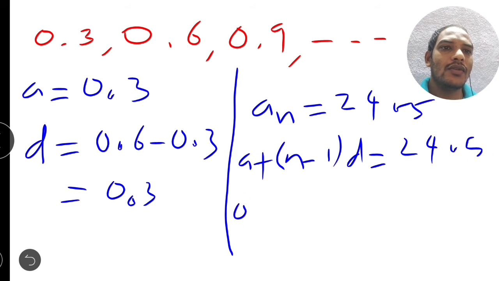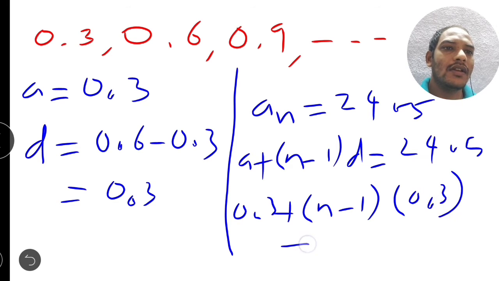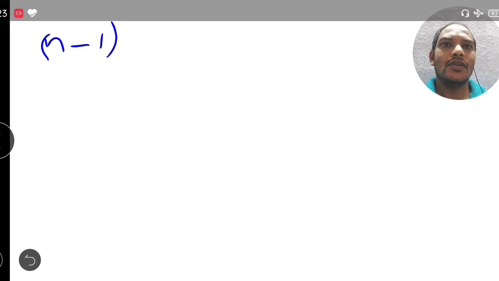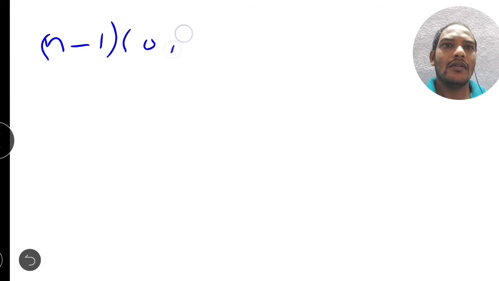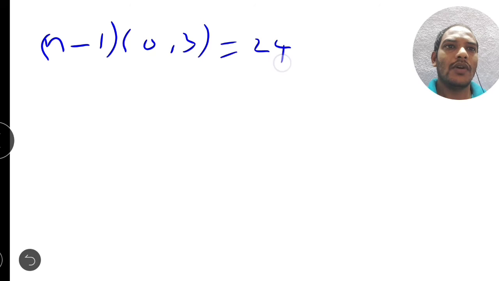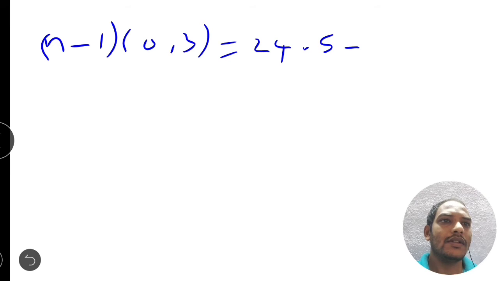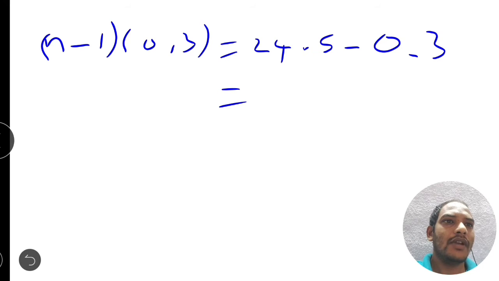Substitute A value 0.3 plus n minus 1 into D value 0.3 equals 24.5. So n minus 1 into 0.3 equals 24.5 minus 0.3, which is 24.2.